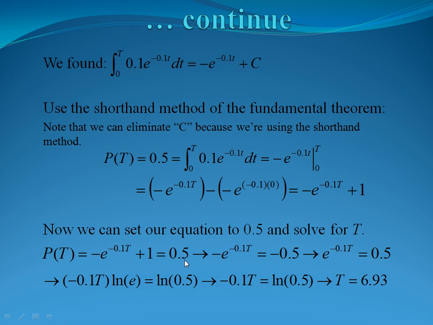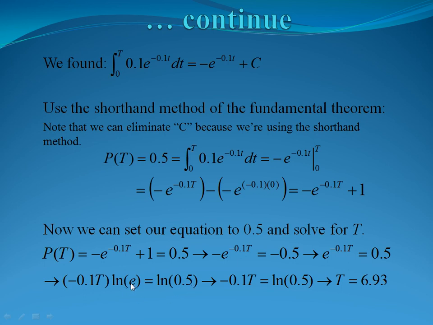We can subtract 1 from both sides, so we get negative e to the negative 0.1t equals negative 0.5. We don't want that negative in there, so we multiply both sides by negative 1, and that'll give us e to the negative 0.1t equals 0.5. Now to get that t down, we take natural logs of both sides. When we take the natural log on the left, the power comes down out front, so we have negative 0.1t times the natural log of e equals the natural log of 0.5.